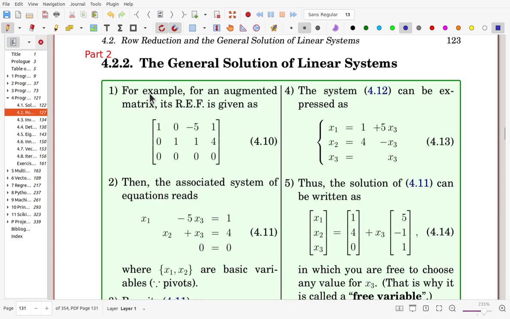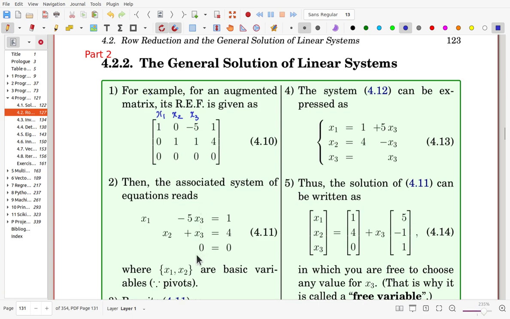For an augmented matrix whose reduced echelon form is given in this matrix, the associated system of equations can be written like this. Here x1 minus 5x3 equals 1, and x2 plus x3 equals 4, right?